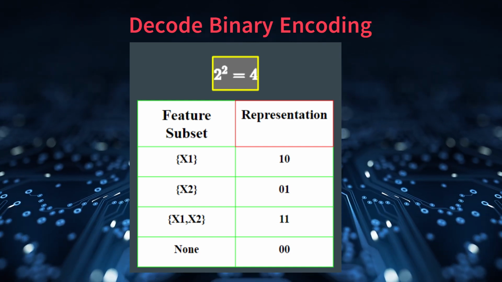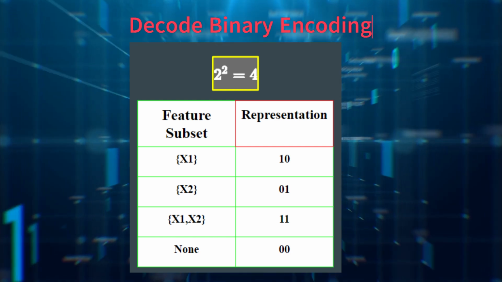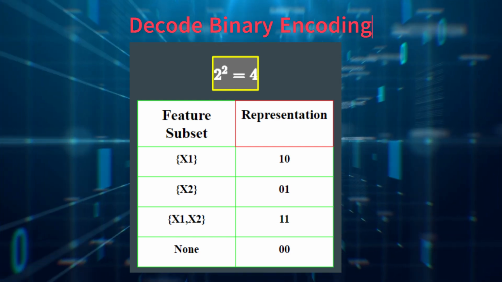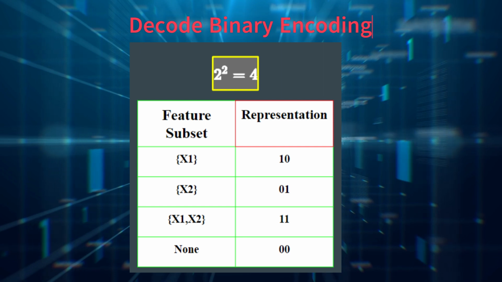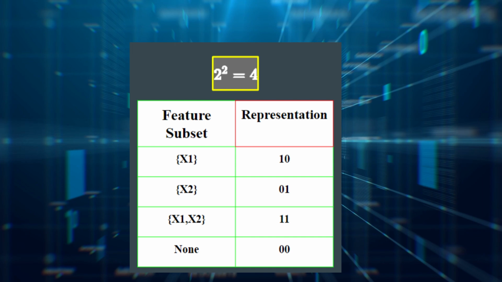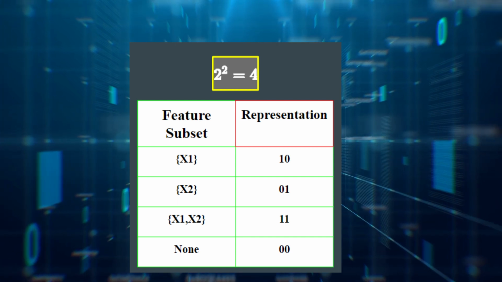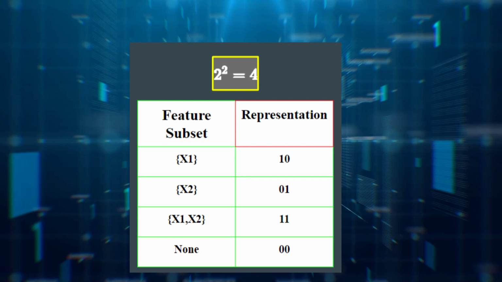For example, if the selected binary encoding is 1 1, both x1 and x2 are selected for the final subset. If it is 0 1, only x2 is selected. If it is 1 0, only x1 is selected. And if it is 0 0, none is selected.